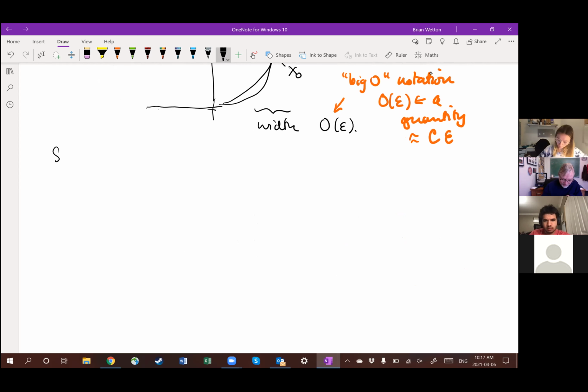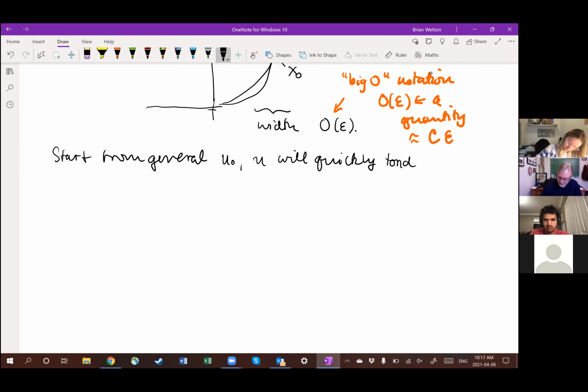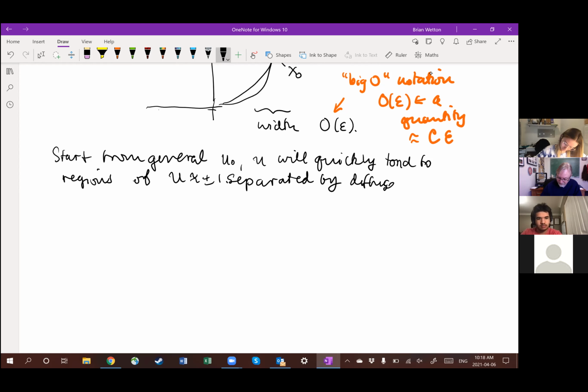If you start from general initial conditions, then what happens is you will quickly tend to regions of u approximately equal to either plus or minus 1, and they'll be separated by diffuse interfaces of width O of epsilon.